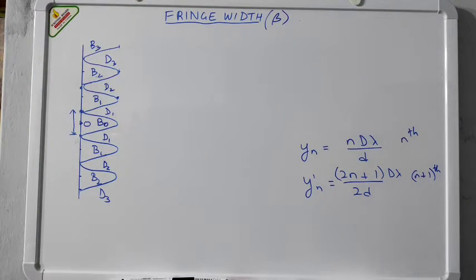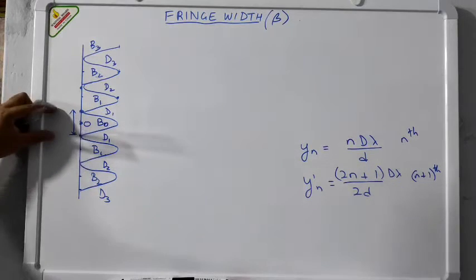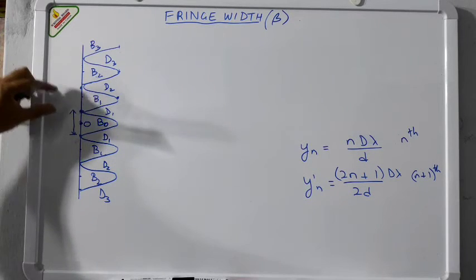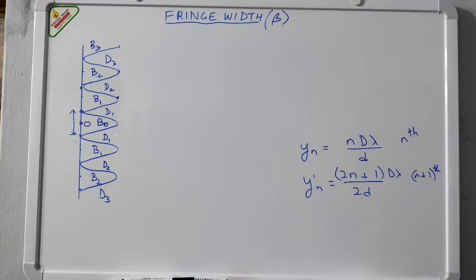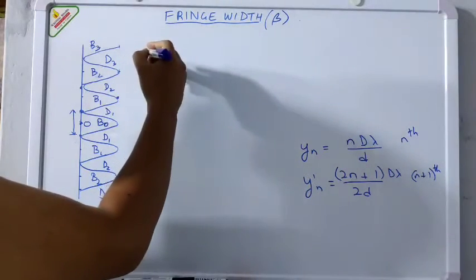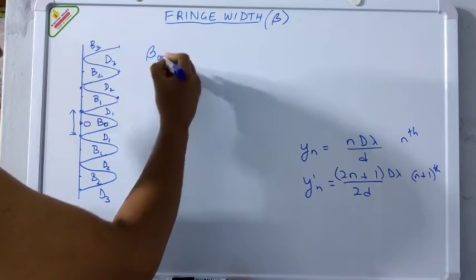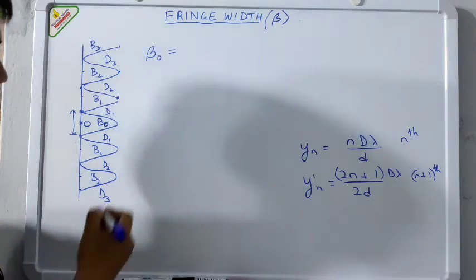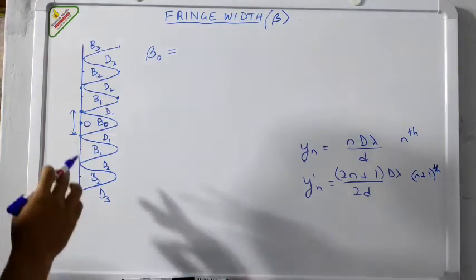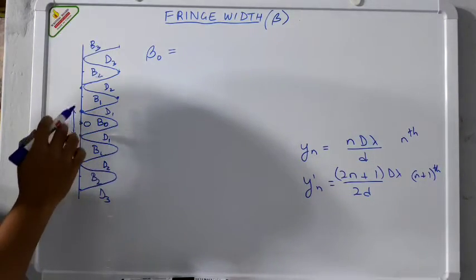Let us now calculate the fringe width for the central bright fringe, the dark fringes, and the other bright fringes. First, the width of the central bright fringe, denoted by beta naught. It is the distance between this point and this point.